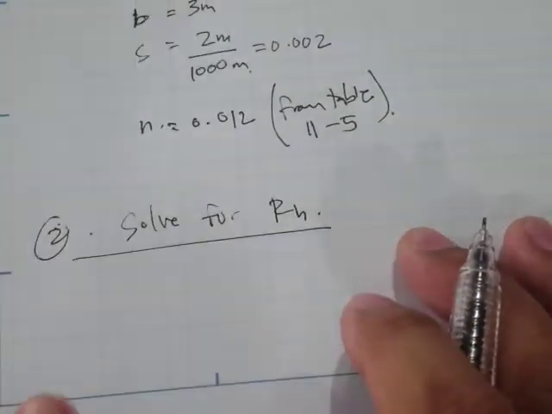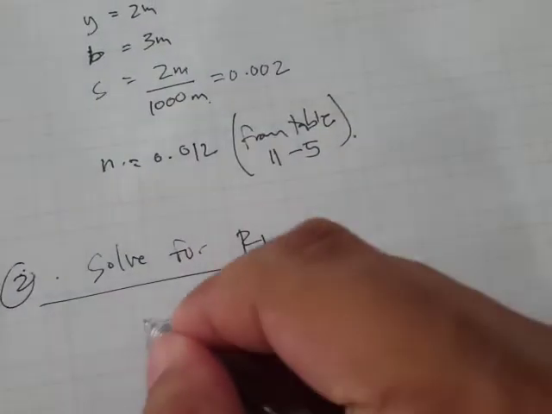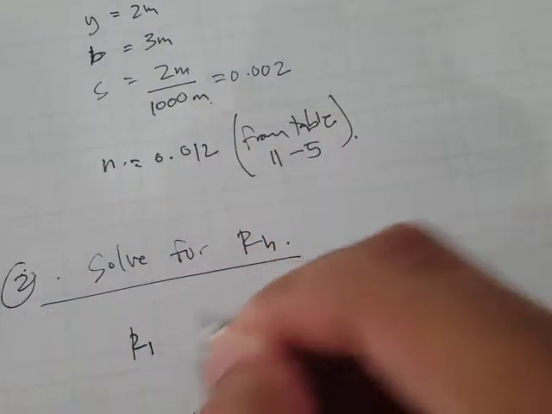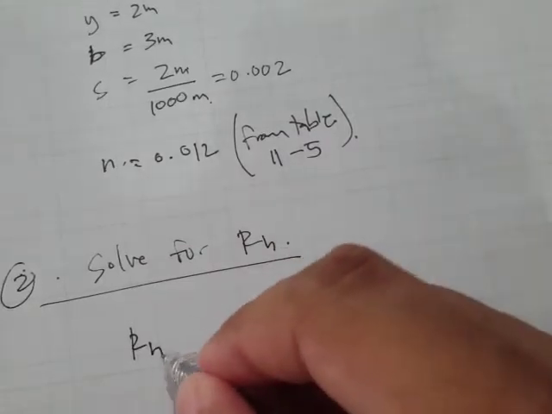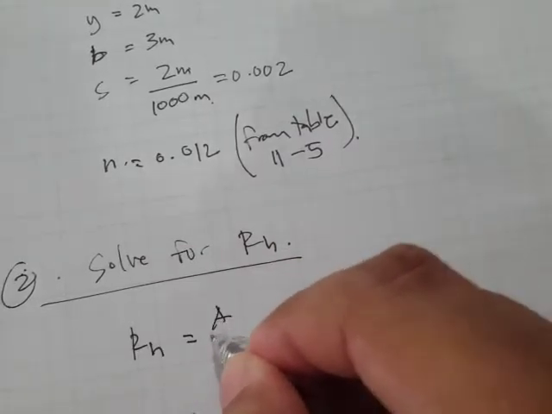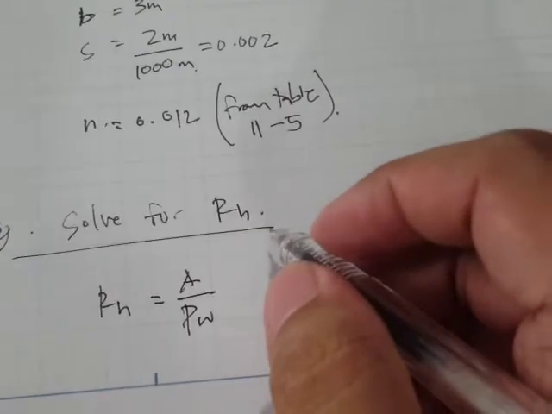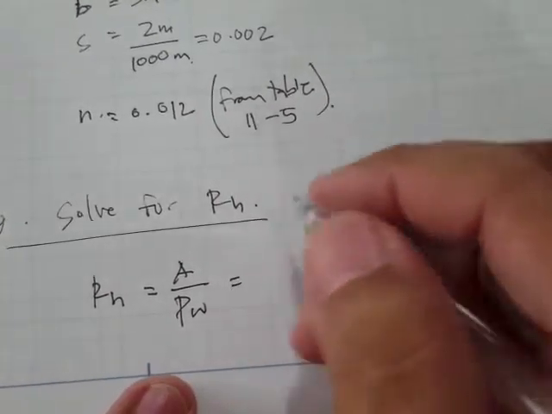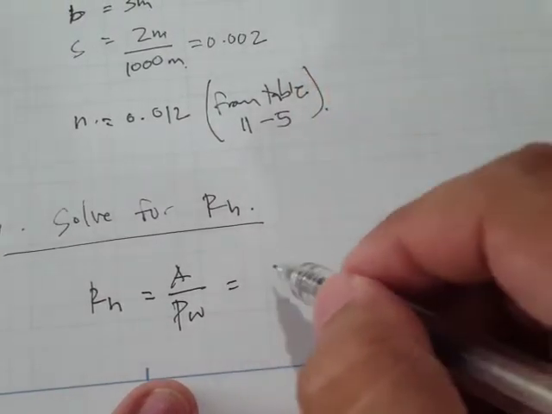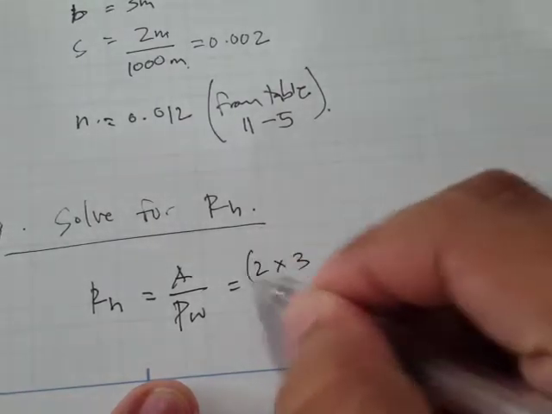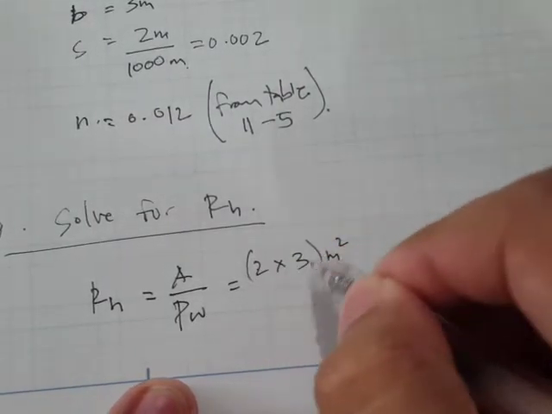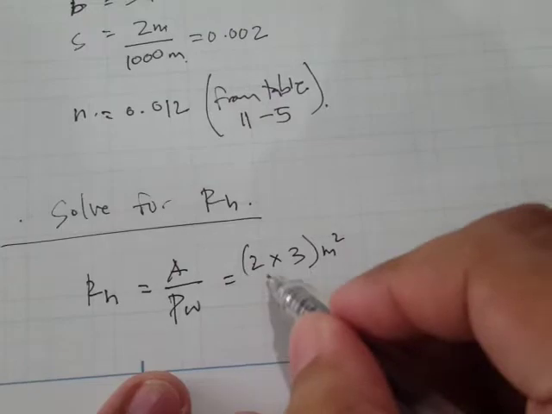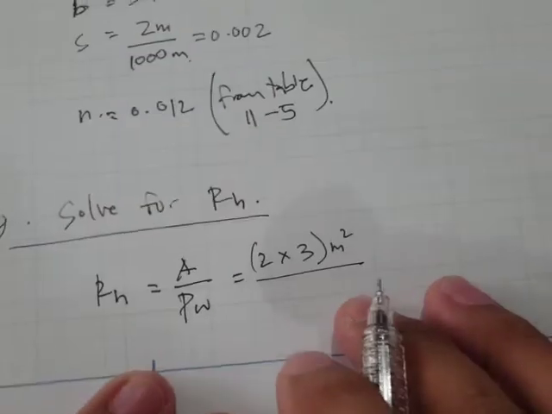So let's take this one step at a time. RH, that's the hydraulic radius, is just equal to A divided by the wetted perimeter. Our area, since it's just a rectangle, is 2 times 3, which is meters squared, divided by the wetted perimeter.